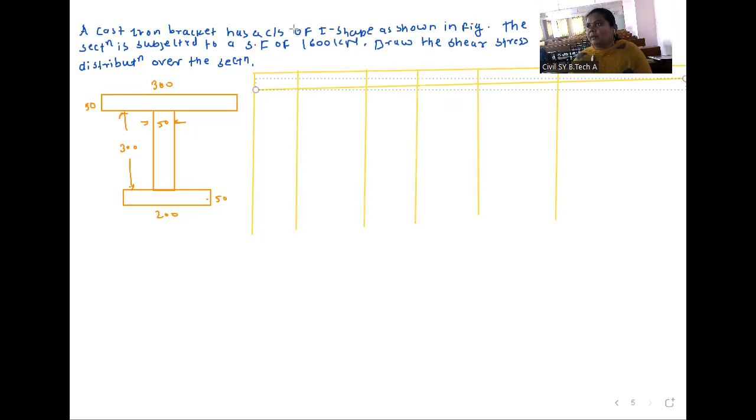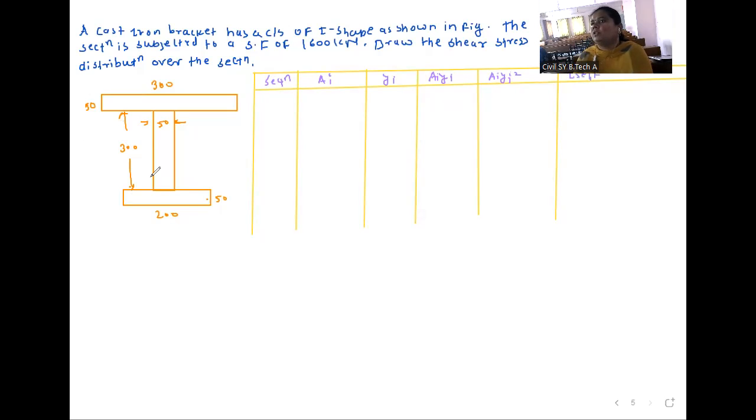So first parameter in that is section here, then area, y bar for the particular section, ai yi, then ai yi square, and last one is the I self.